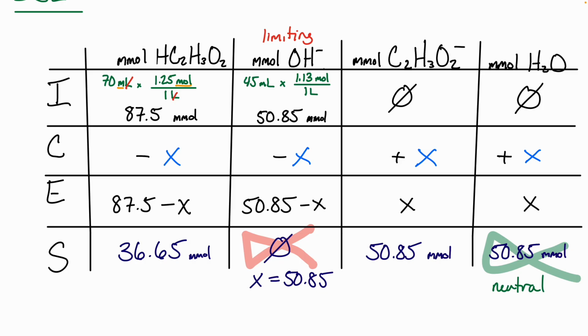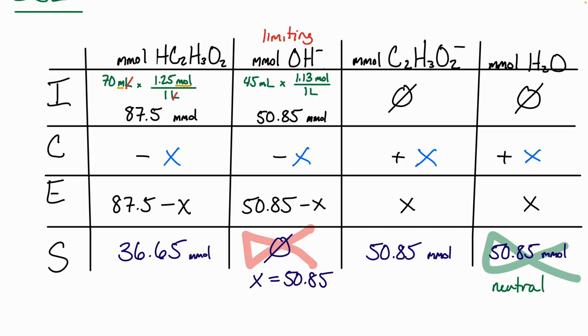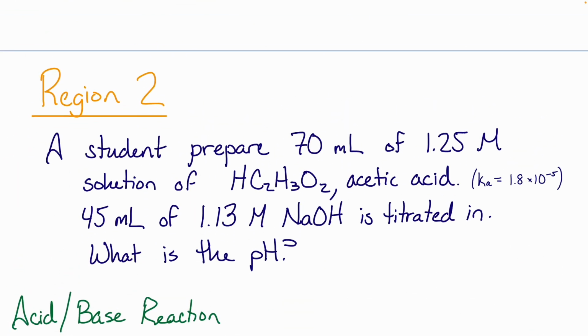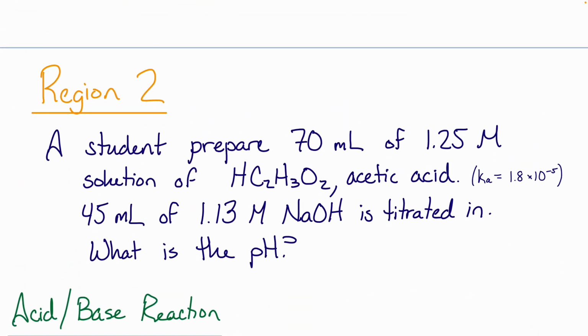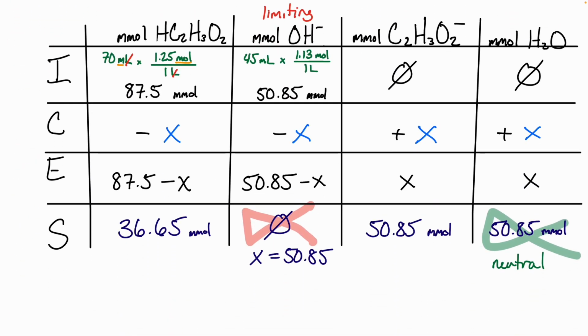So what I have now that we've reached equilibrium is a solution of weak acid and its conjugate base. How do I figure out the pH of a solution of weak acid and its conjugate base? Yeah, because a solution of weak acid and its conjugate base is a buffer solution, right? So region 2 of a weak acid strong base titration, we call this the buffer region. Because we've added some base in there, but we've had an excess of that weak acid, meaning that we've made some weak base, so now we got a mixture of both.